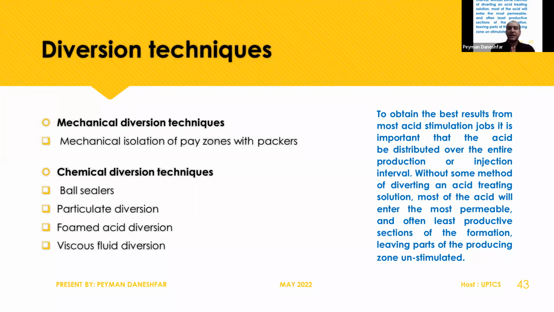Okay, so we have some diversion techniques such as mechanical diversion techniques. We can use a coil tubing or packer, chemical such as bulk sealer, particulate, or foam acid and viscous fluid diversions.